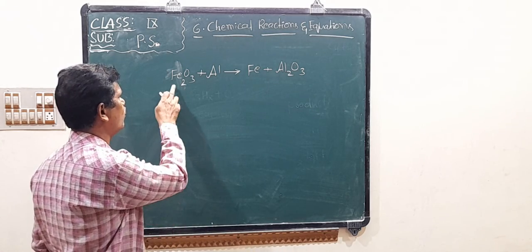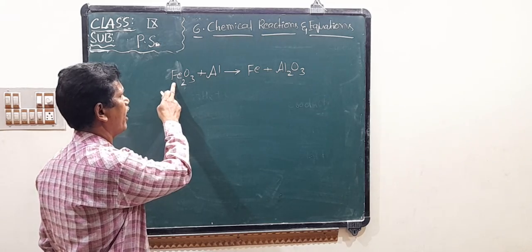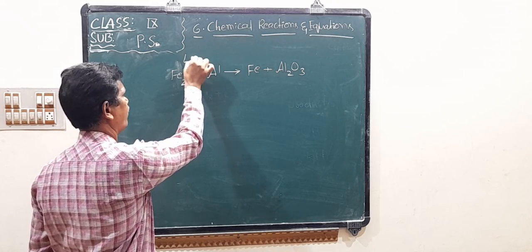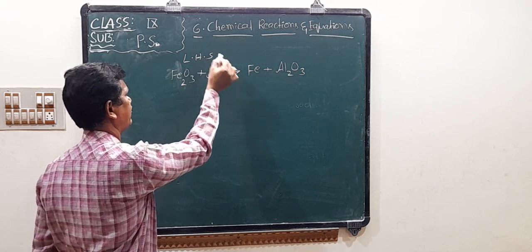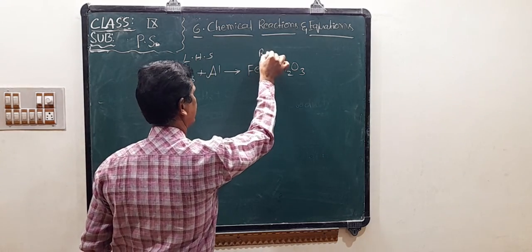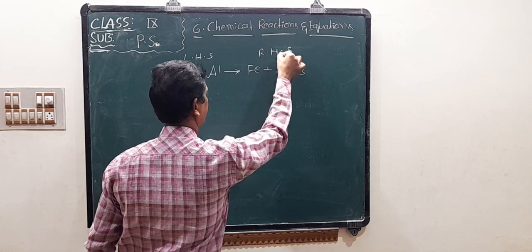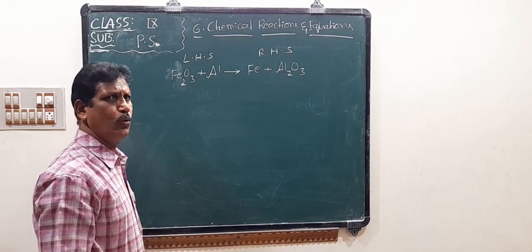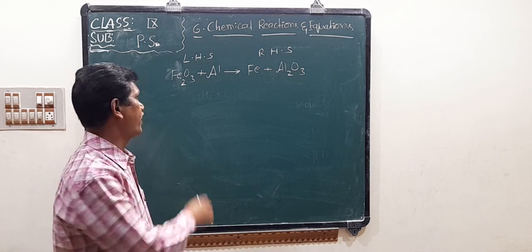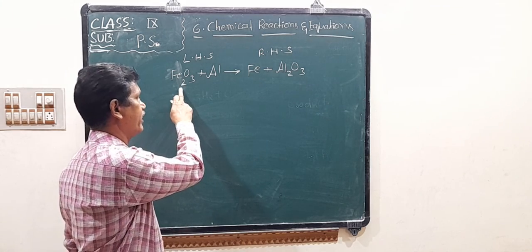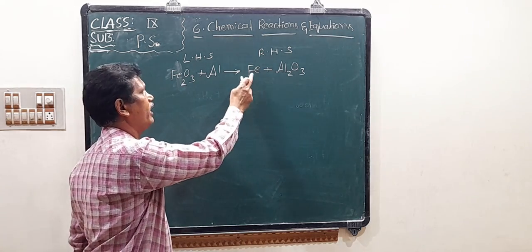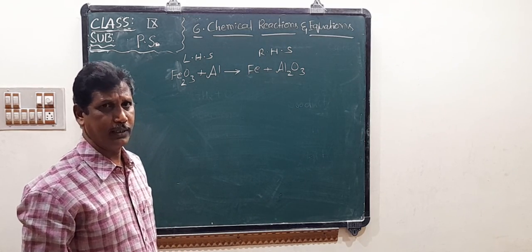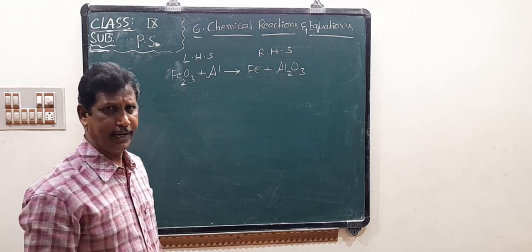There are 2 iron atoms on the LHS, left hand side, the reactants, and only one iron atom on the RHS, right hand side.